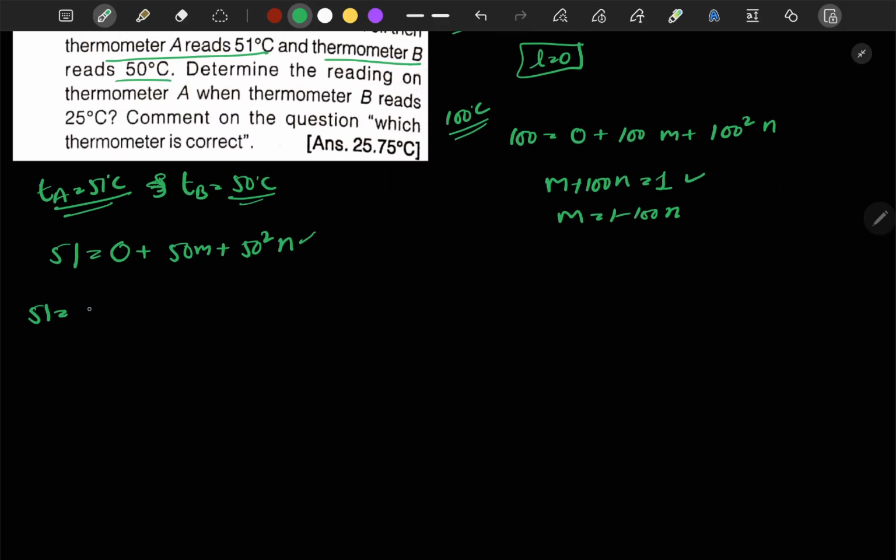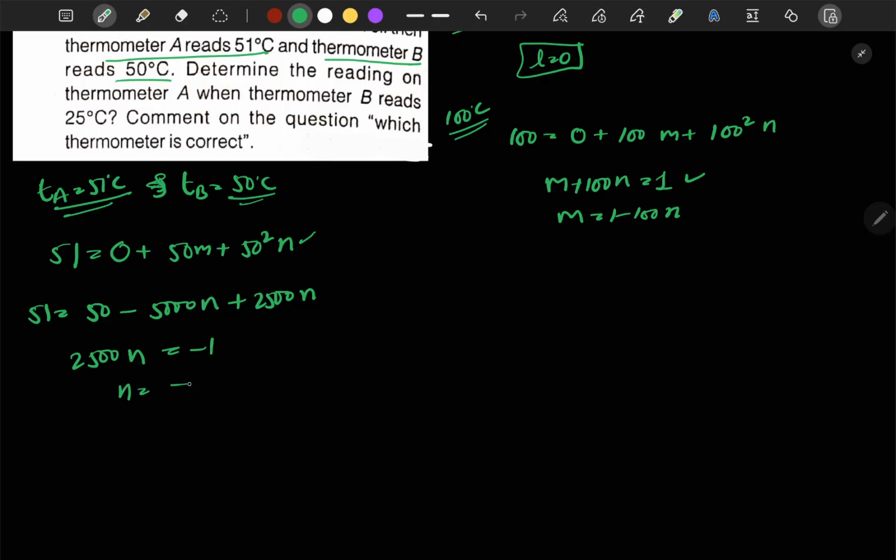So 51 is equal to 50 minus 5000 N plus 2500 N. Okay, so we can solve it and we will get 2500 N is equal to minus 1.